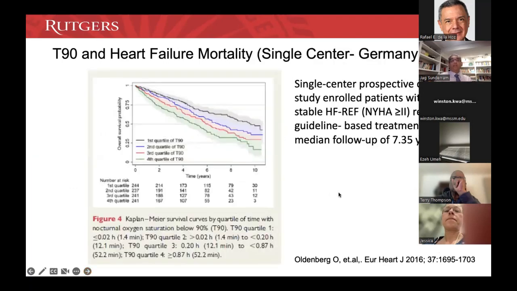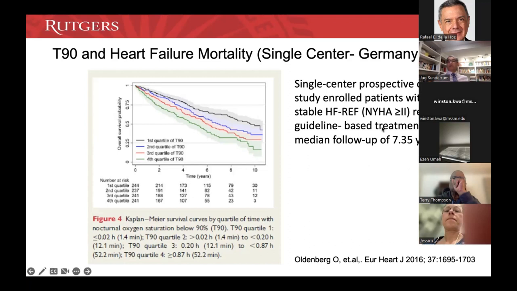And similarly, if you look at hypoxia or time below 90 in the sleep study and look at heart failure mortality, again, this is a single-center study from Germany where they looked prospectively at patients who were in this heart failure center, and they were stable. They had stable heart failure from reduced EF.